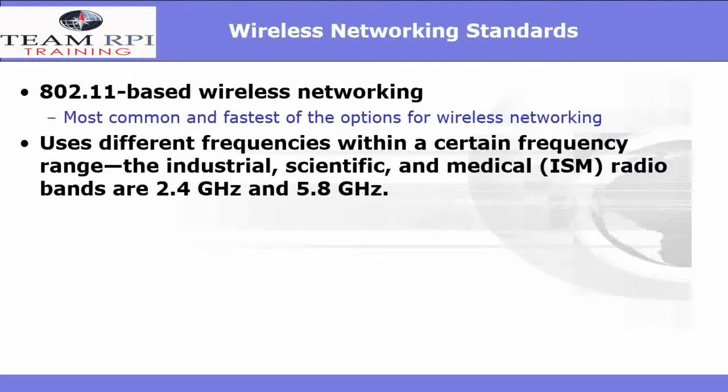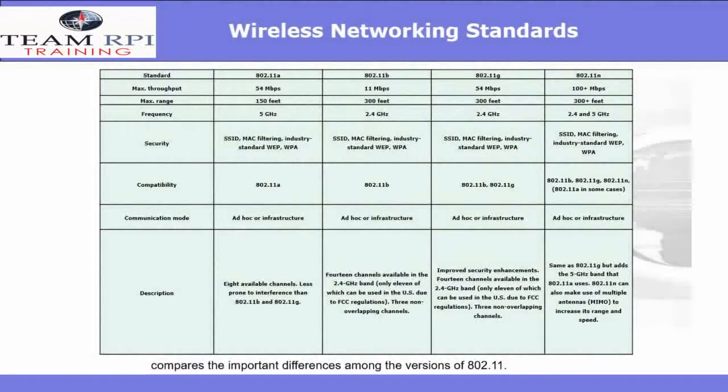They are 2.4 gigahertz and 5.8. The A+ examination expects you to know and understand the range of wireless standards, from 802.11a to the modern 802.11n. Here's a chart to help you out.